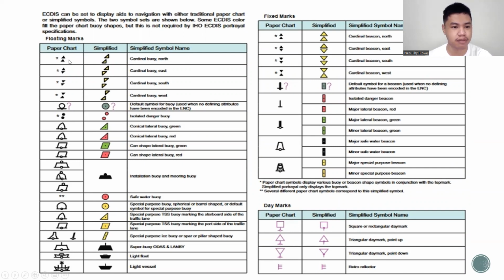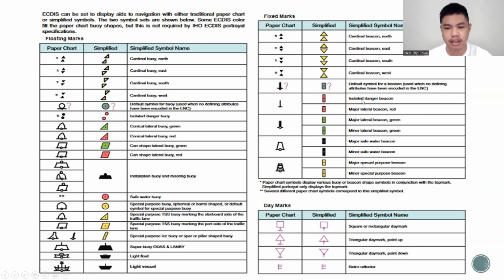So this is the symbol of the cardinal buoy of due north. Then can-shaped lateral buoy red. Then the light vessel. Then let's move on to the fixed marks.